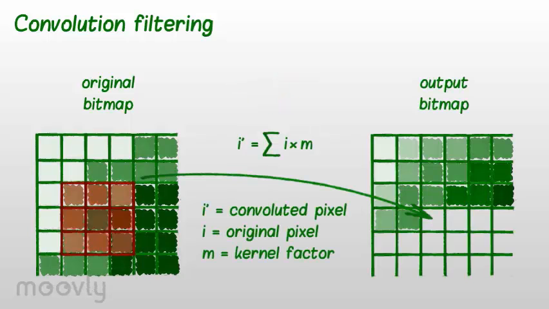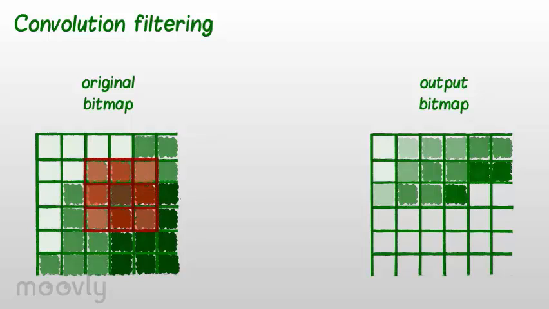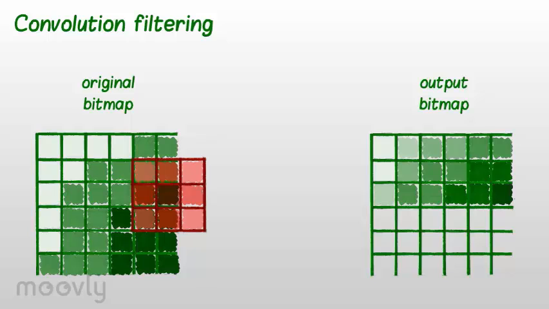Convolution is then a process by which the value of a pixel in the output image is calculated as a sum of products of the original pixel and its neighbors with the corresponding factors of the convolution kernel. This calculation is repeated for the whole bitmap. If we read pixels from the original image horizontally, we can visualize the kernel moving, for instance, left to right, descending one line at the end, and starting over again.